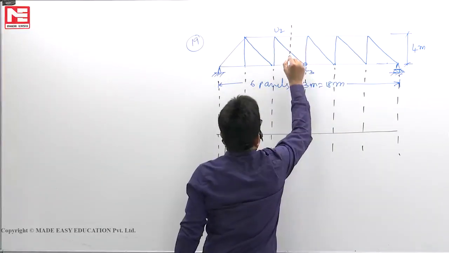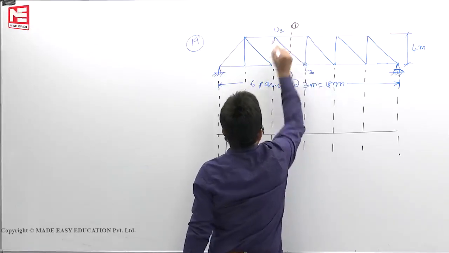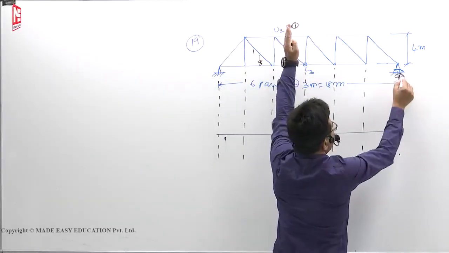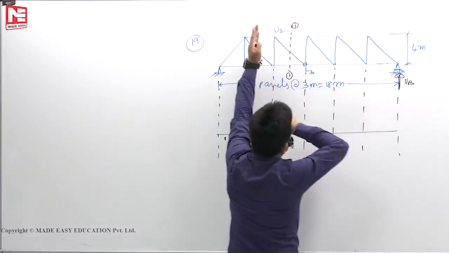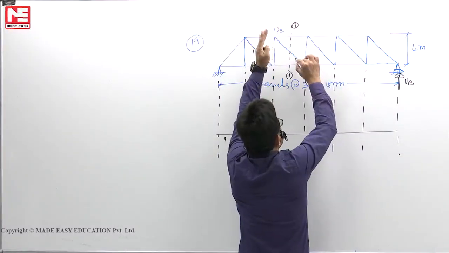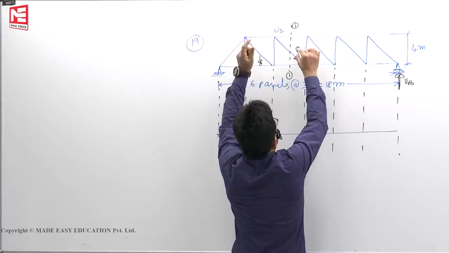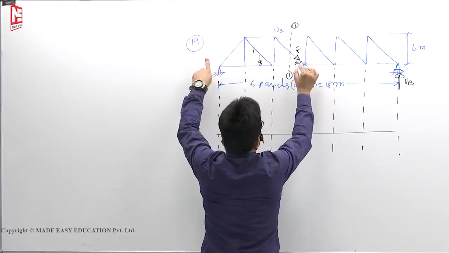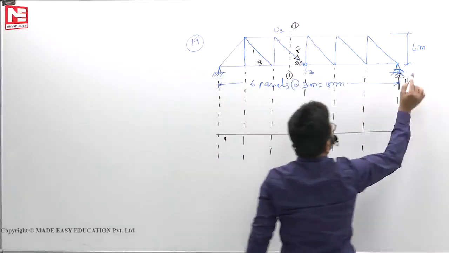So cut it by 1 1. Keep the load here. Now look right side. This is VB. Now this is upward means this is downward. F you call it. This is theta. What is theta? 4 by 3.